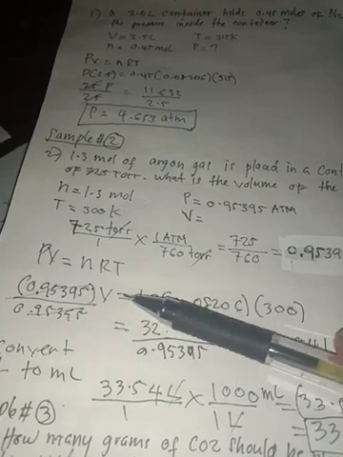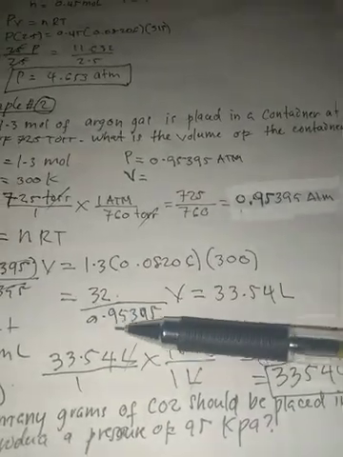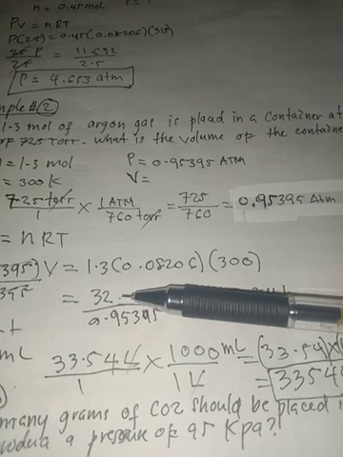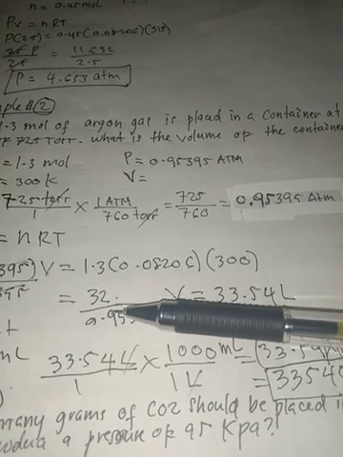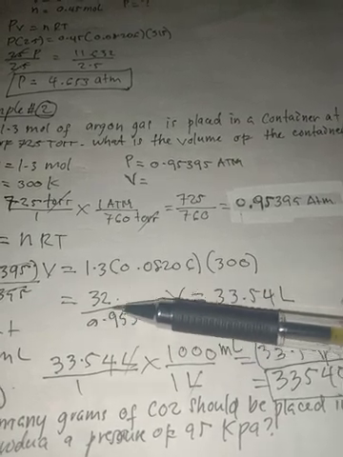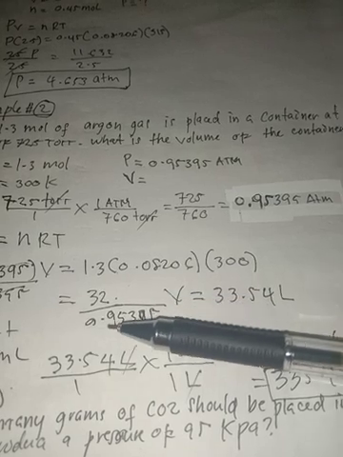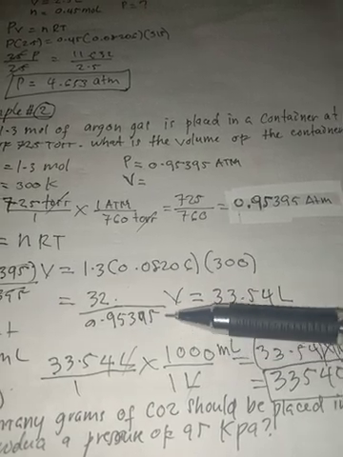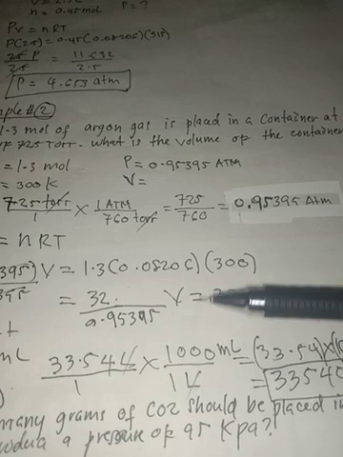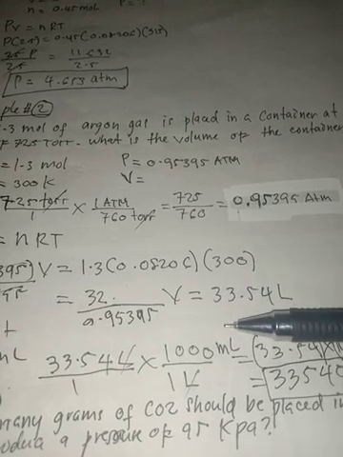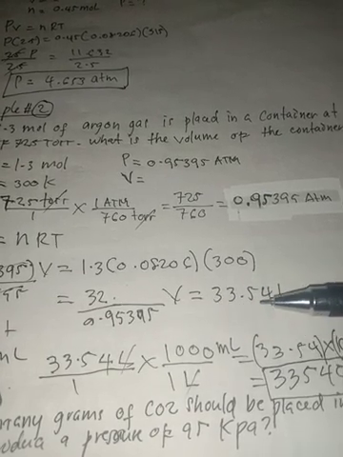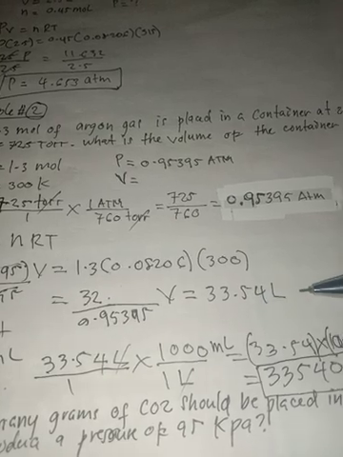To get the value of our volume, we are going to divide 32 by 0.95395. So the value of our volume is 33.54 liters.